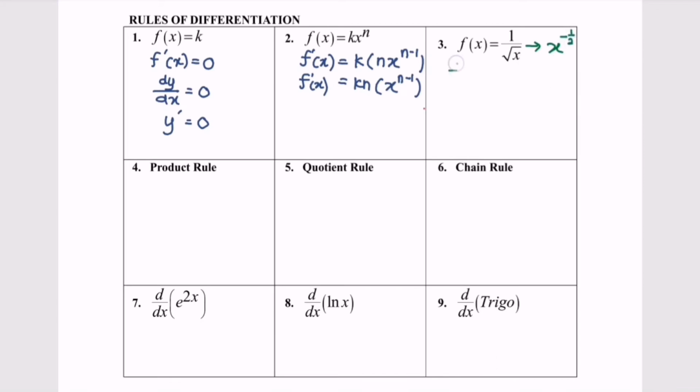If we differentiate, we will have f'(x) equals negative 1/2 x to the power of negative 1/2 minus 1. f'(x) will be equal to negative 1/2 x to the power of negative 3/2. Rewrite the expression and we will have negative 1 over 2 square root of x to the power of 3.